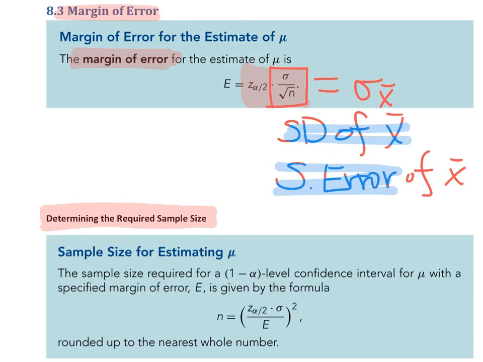But when I multiply by the z-score, which we take from a given confidence level, 95%, and sometimes 90%, then we change the name. It is not just standard error, but it has another name, the margin of error.